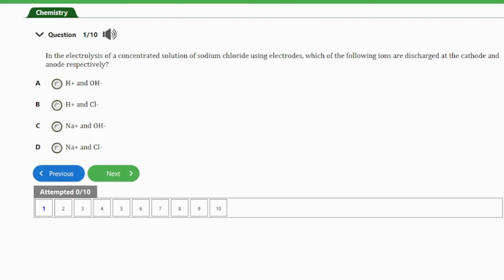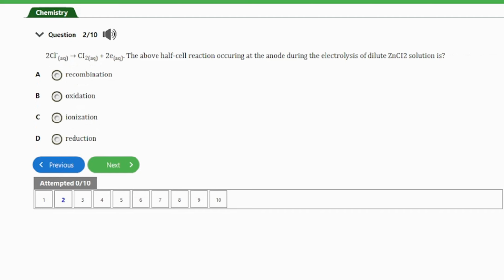So that's it about that question. We'll have hydrogen ion and chloride ion. These are the ions that will discharge during the electrolysis of a concentrated solution of sodium chloride.